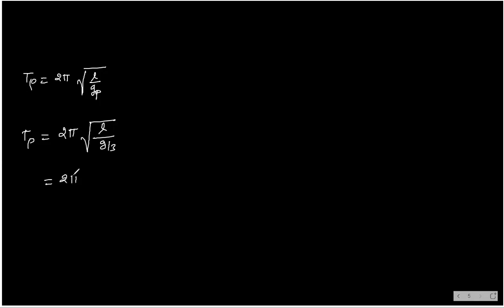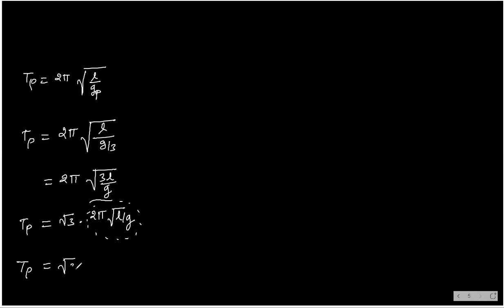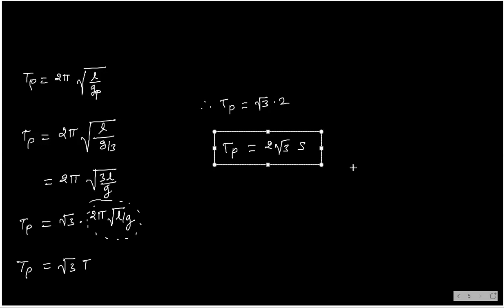So how much will we get? 2 pi root of 3L by G. So I can write like this now, root 3 into 2 pi under root L by G. And given is what? This is nothing but T, that is nothing but 2 seconds. So root 3 times T, and therefore into 2. TP is equal to root 3 into 2, and therefore the time period of the planet is 2 root 3 seconds. That's why option number B is the correct answer. Understood?